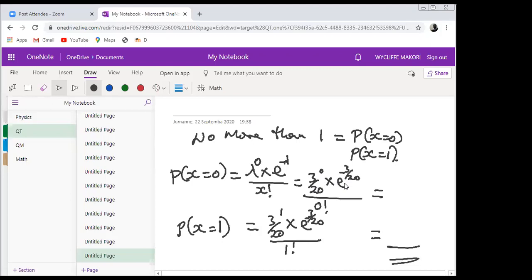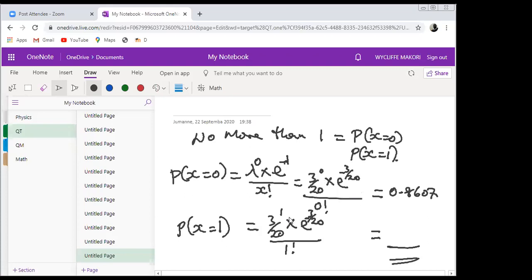I'm getting 0.8607, and then you divide by 0 factorial, which is 1. 0 factorial is 1, so the answer is 0.8607.